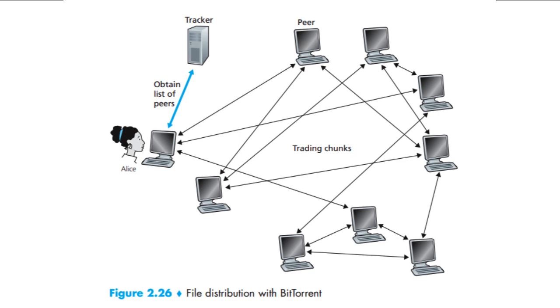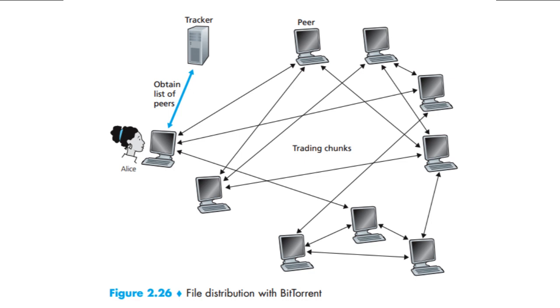If the rate at which Bob sends data to Alice is high enough, Bob could then in turn become one of Alice's top four uploaders. In other words, every 30 seconds, Alice will randomly choose a new trading partner and initiate trading with that partner.